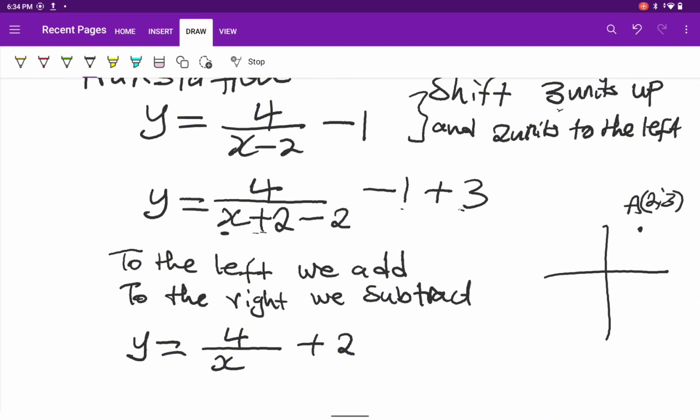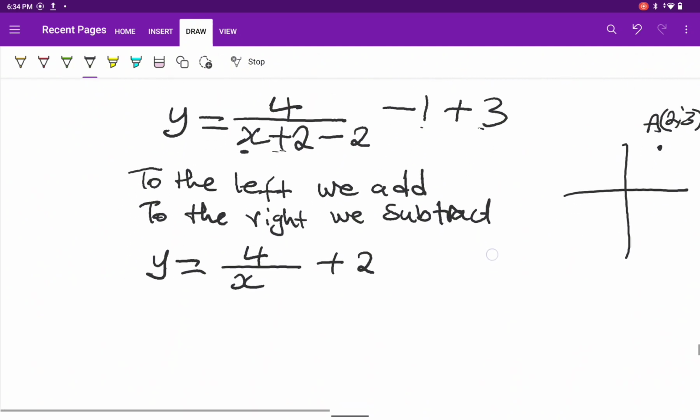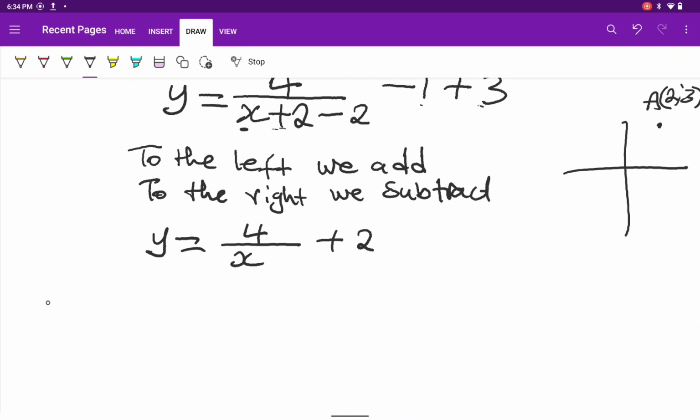Right, the next type of transformation that I want us to look at is the reflection. Now with the reflection, we will look at these 3 basic lines of reflection.